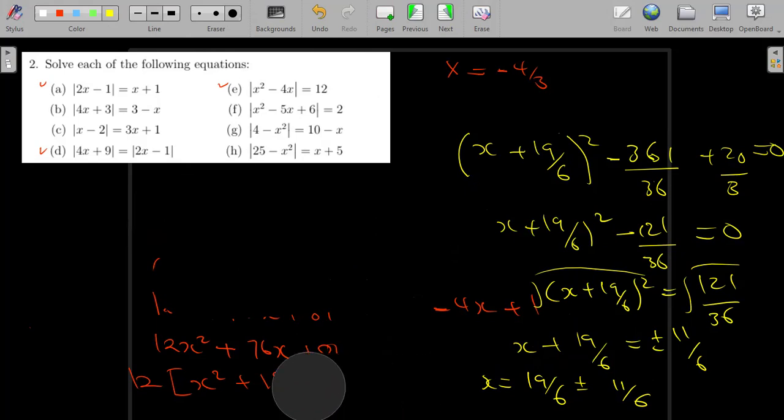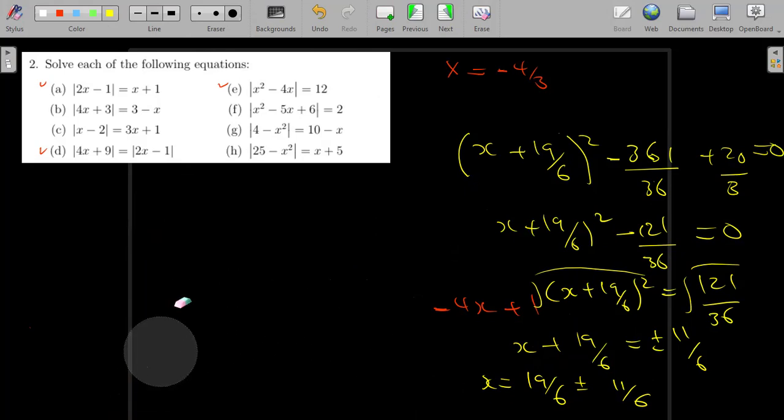So what values do I get when I do that? So I'm going to add in the first one. So I have 19 plus 11, then divided by 6. Let's do that right.